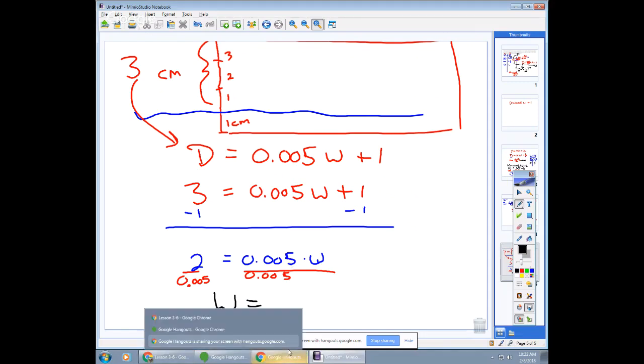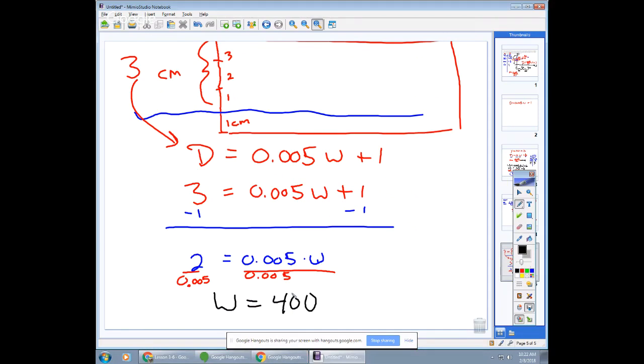Not 4. 400. So we'd have to put 400 grams on there.